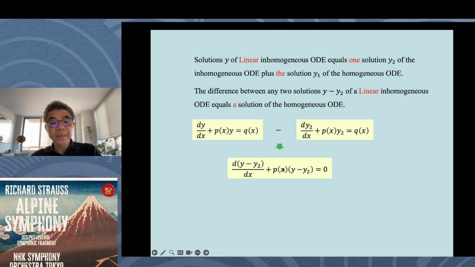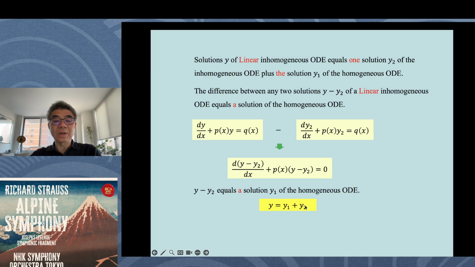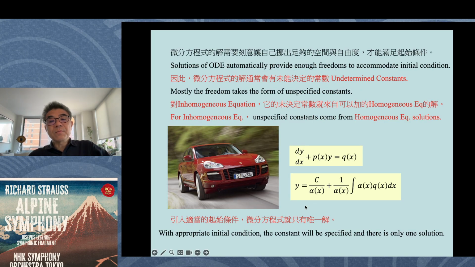The second term will be easily rewritten as p(x) times (y minus y2). The right-hand side, as I have mentioned earlier, q minus q just vanishes. Therefore y minus y2 satisfies the homogeneous version of the equation. So that's why we can call it y1, and therefore y is equal to y1 plus y2.